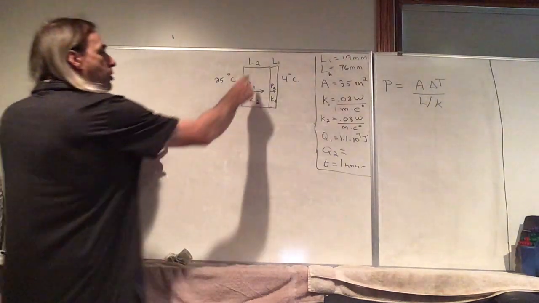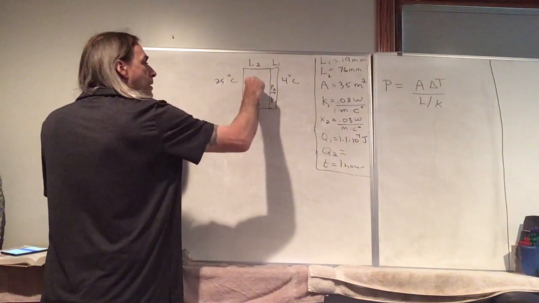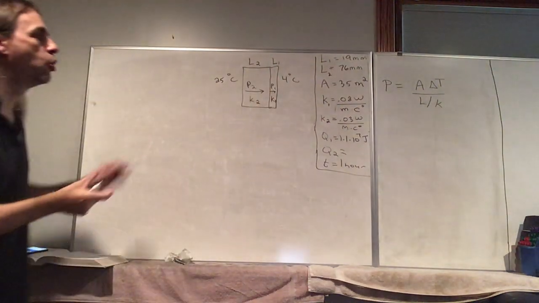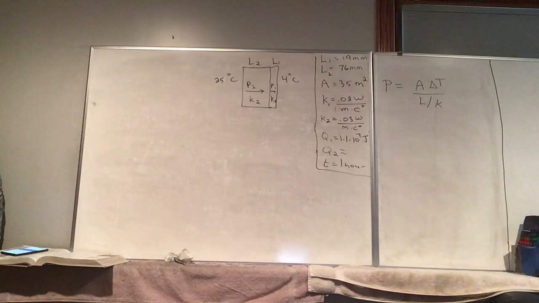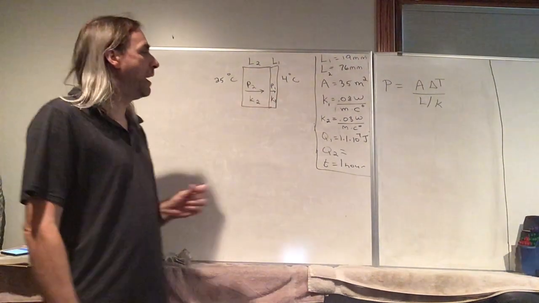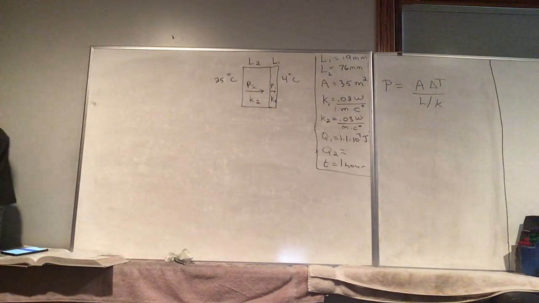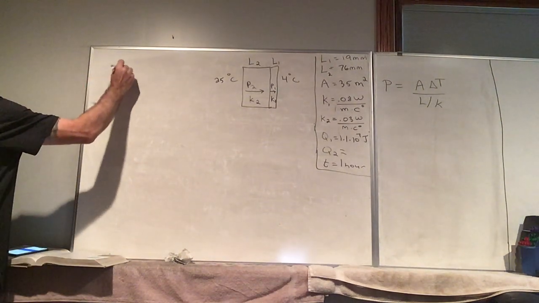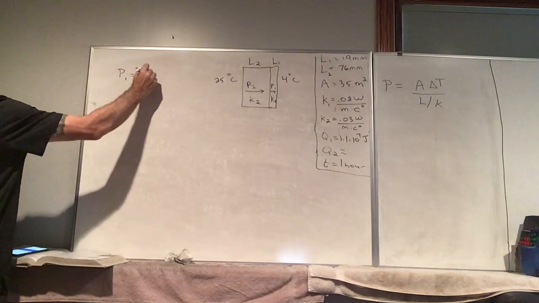Sorry, let's call that P2 because of the way we labeled these things. So P2 is the rate that energy is flowing through the insulation, and P1 is the rate that energy is flowing through the wall. And what I'm going to state here is that P1 equals P2.